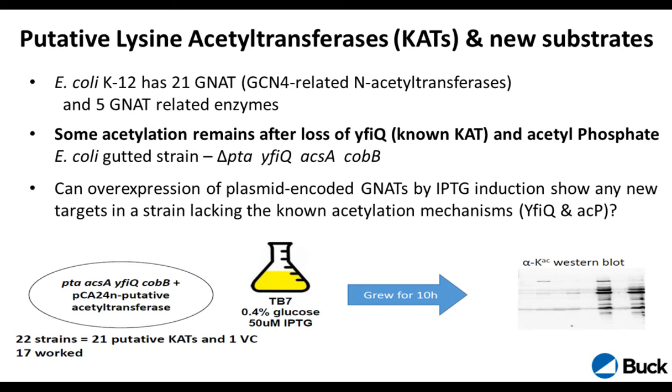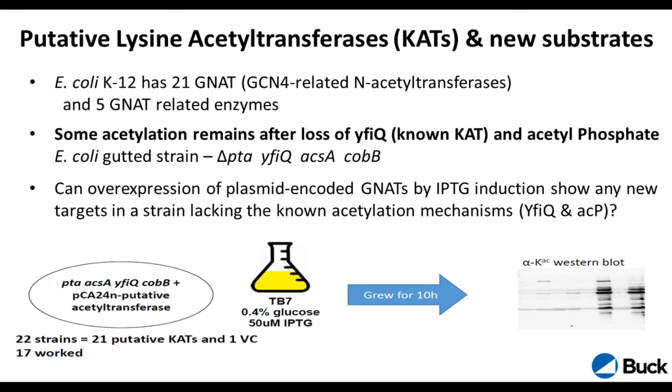One project was to identify new acetyltransferases. You can look at the genome of, say, an E. coli organism and predict which proteins may be acetyltransferases. Then you can overexpress them and see if they regulate acetylation.